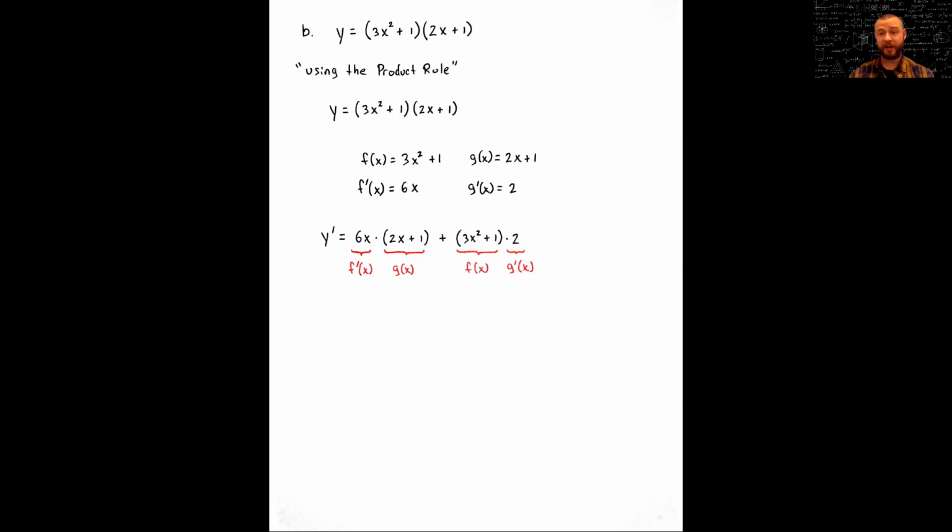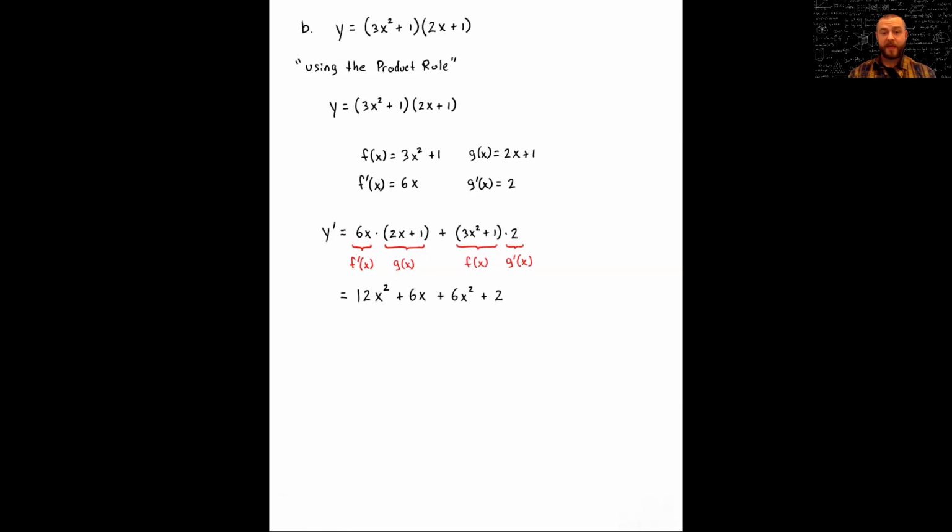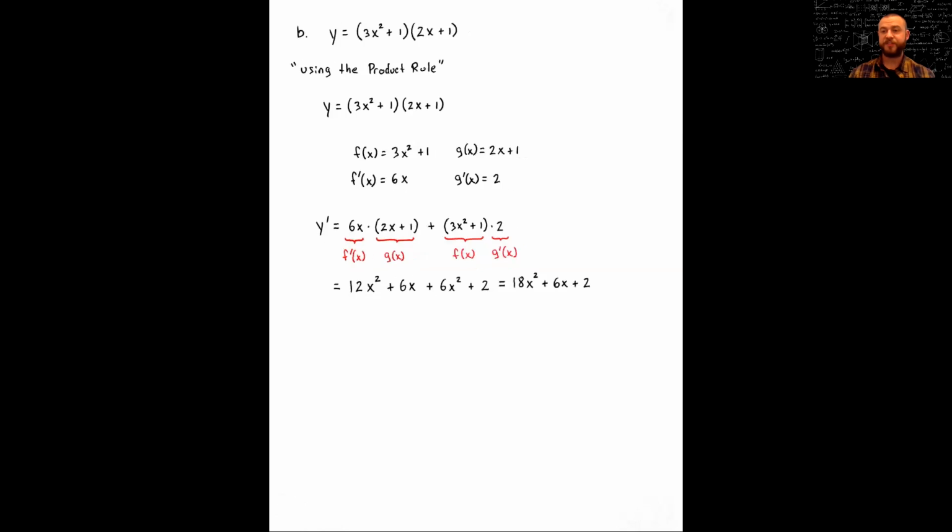Okay, the calculus is done. Now we can simplify this answer. Notice you can just distribute through the parentheses. And then you have some like terms that you can combine together. The x squareds can be combined, and you get a simplified version, 18x squared plus 6x plus 2.